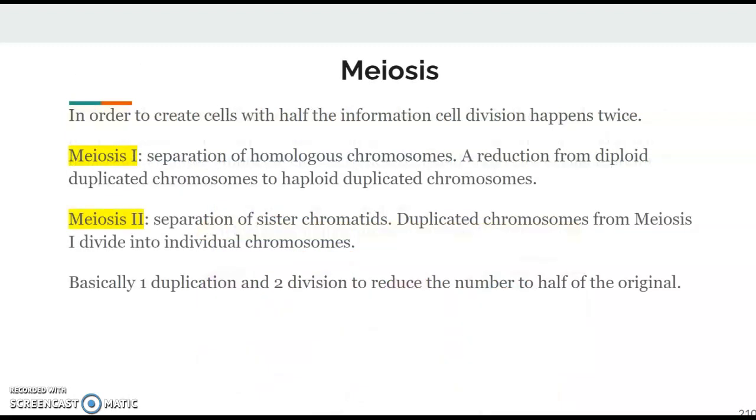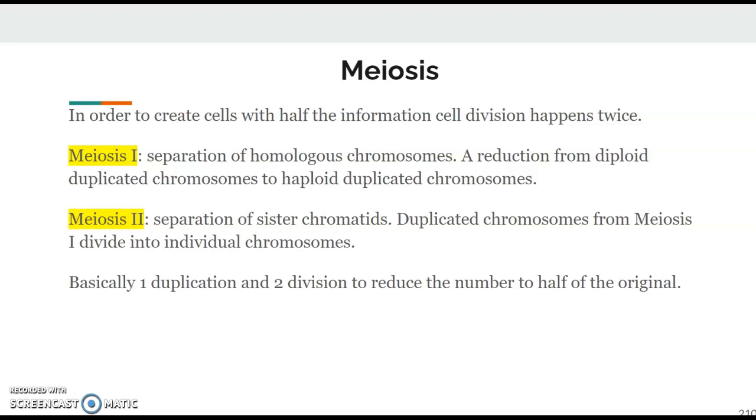All right. So in order to create cells with half the information, meiotic division happens twice. So we have meiosis 1 and meiosis 2. In meiosis 1, we have the separation of homologous chromosomes, right?